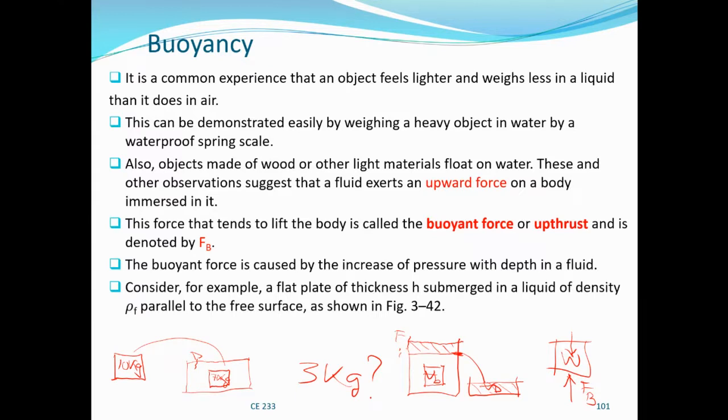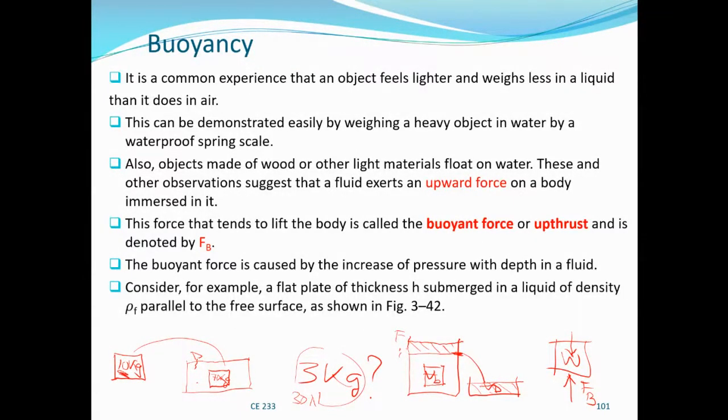So this buoyant force, which emanated from the liquid, is what is responsible for the decrease in the weight inside the liquid. It weighs 10 kg outside, but in the liquid it experiences some loss of weight, so it came down to 7 kg, or let's say approximately 30 Newton.